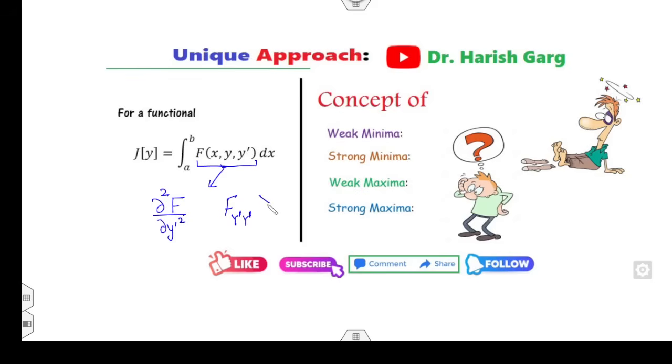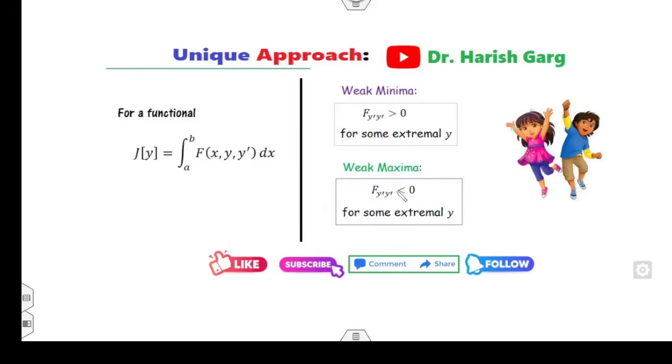Based on the nature, whether it's greater than 0 or less than 0, we can define the concept of minima and maxima. If you prove that it is greater than 0 for some value of y only, then you can say it's a weak minima. And if you prove that this value is less than 0 for some value, for example, suppose its value comes out to be 2y, then clearly this number is greater than 0 whenever y is greater than 0.